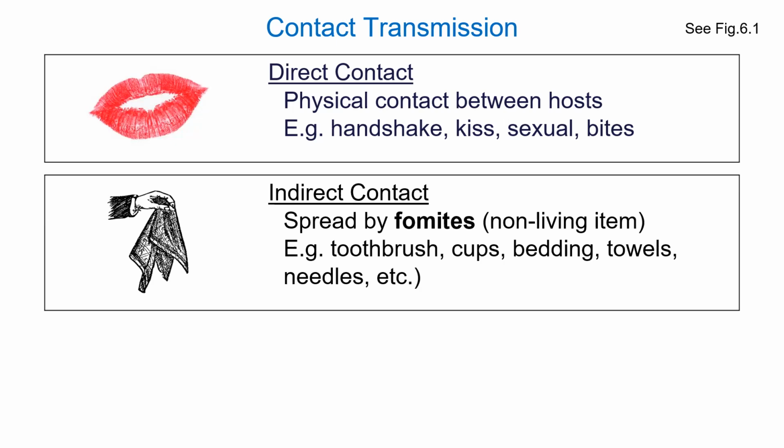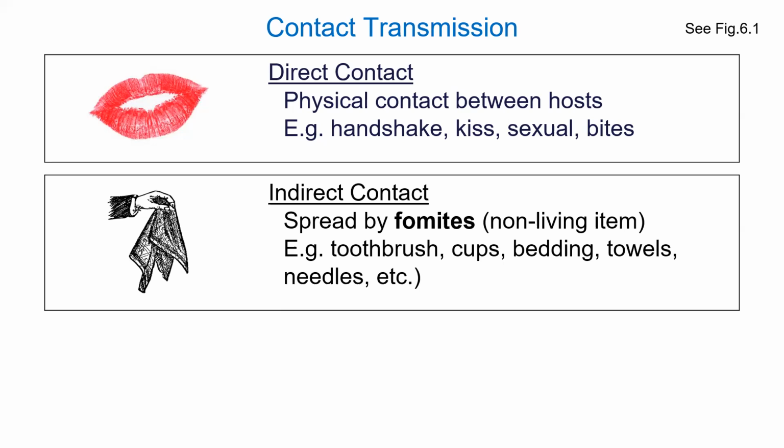Some examples: direct contact, anything that's sexually transmitted, a lot of respiratory infections by mucus, and many of the same examples here, but not necessarily crossing over. You're not going to get any sexually transmitted diseases by sharing a toothbrush, but you can get respiratory diseases this way as well.